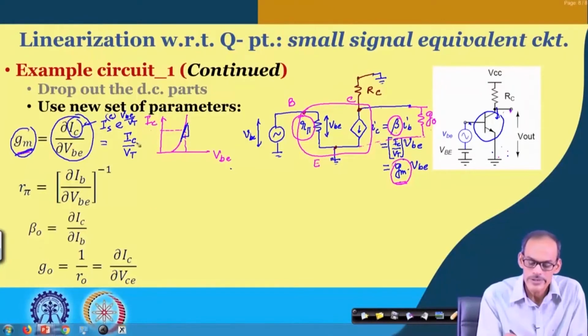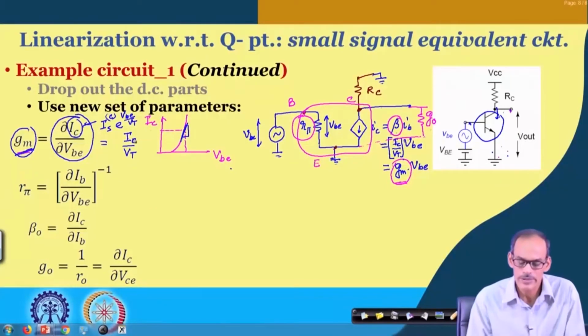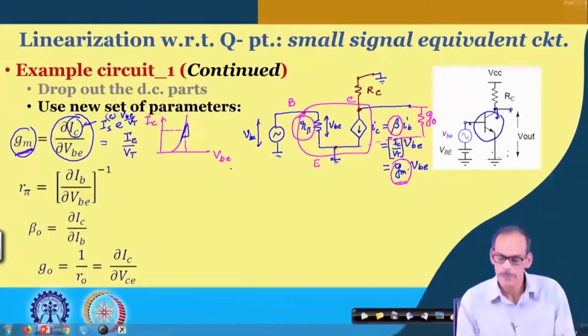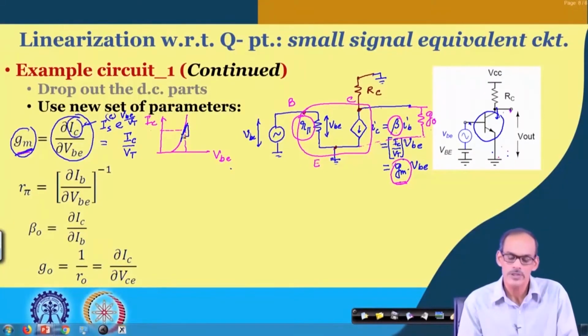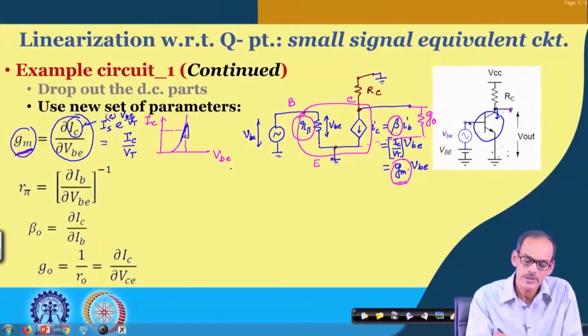Okay. And this IC, of course, is the instantaneous IC, which is the slope, and it depends on the instantaneous value. But if we restrict our discussion within a small range, then we can say that this IC can be well approximated by capital IC, namely whatever current we have at the DC operating point.